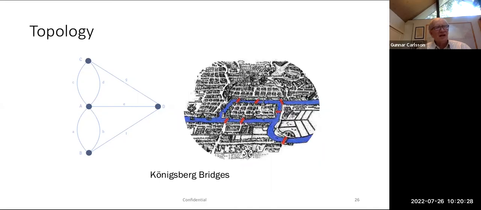There's the size of the islands and the depth of the river and the length of the bridges and so on, none of which matters to the problem. Euler identified that the core of the problem is really this network model on the left here, where the nodes labeled A and D are the islands, and B and C are the riverbanks, and then the bridges between them occur as you see.